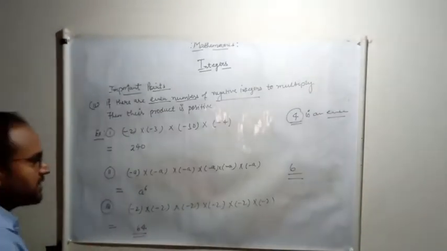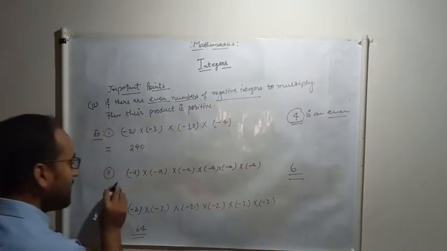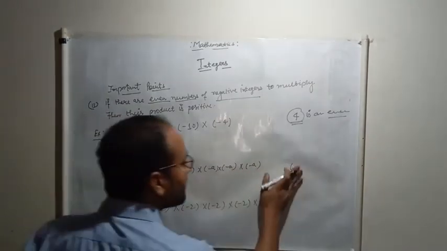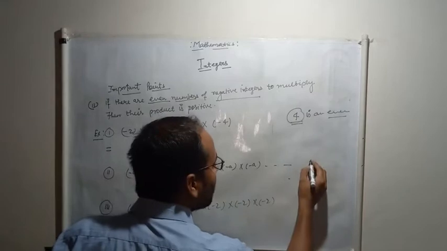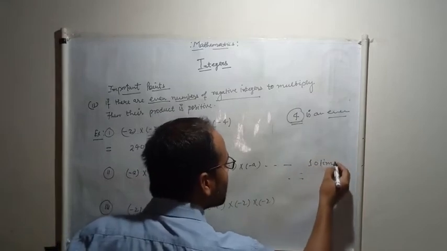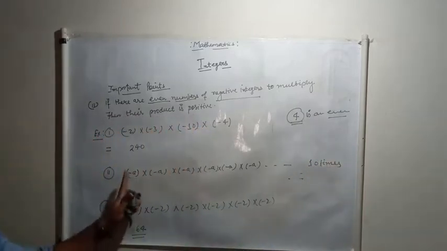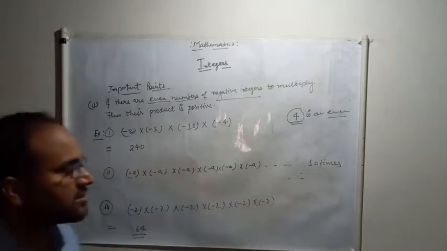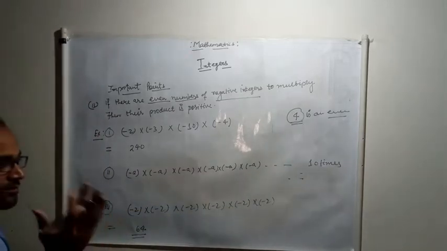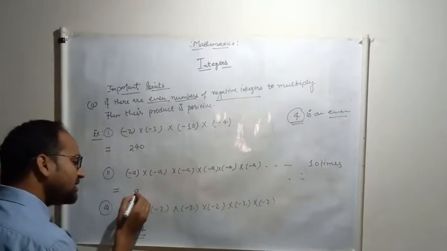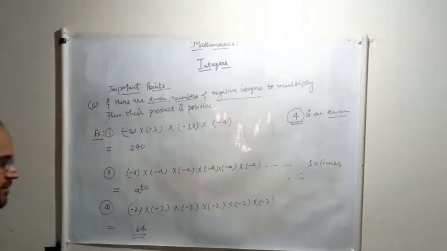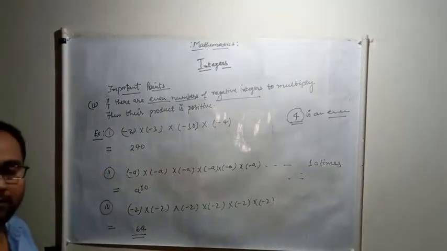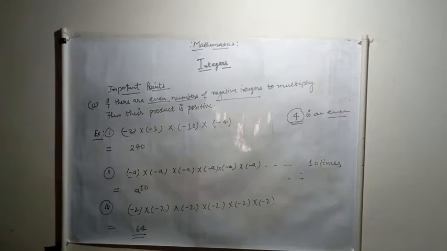And suppose it is the same, if minus a is multiplied 10 times, is 10 even or odd? Even. So your result is also a to the power 10. And suppose in place of a, I write -1, and -1 is multiplied 10 times.